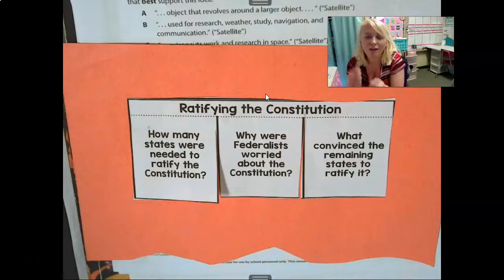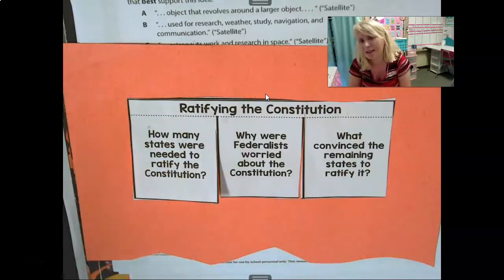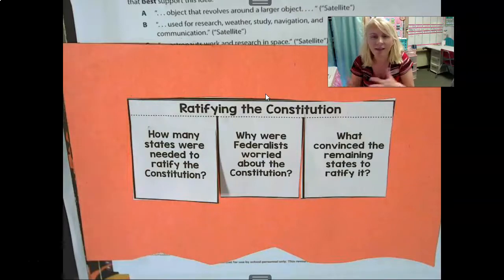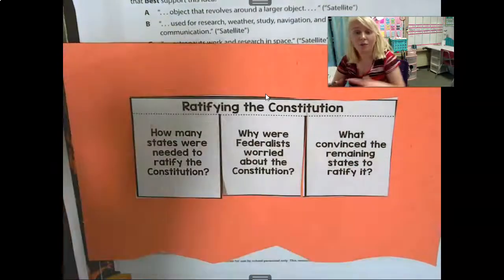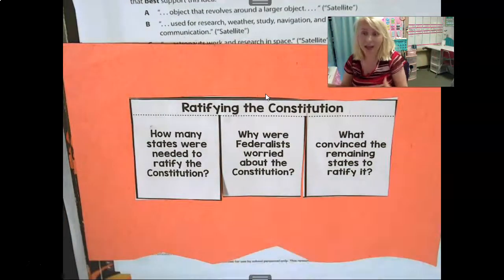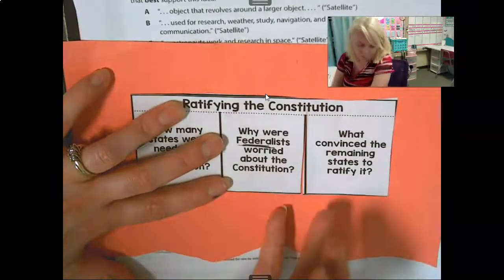We need a strong national government. Woohoo! And then the Anti-Federalists were like, yeah, we don't really like that idea. We want to keep more power with the states and less with the big national government. But the Federalists, of course, wanted this Constitution so that it applied to all the states, the entire nation. They're all about the whole nation, right?